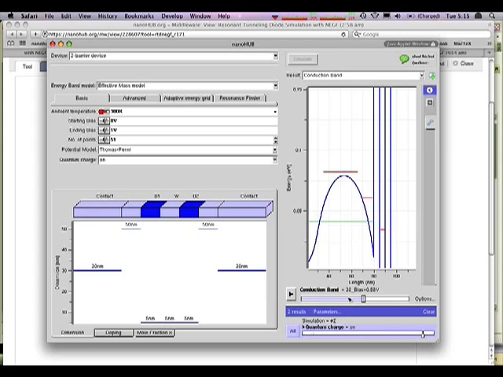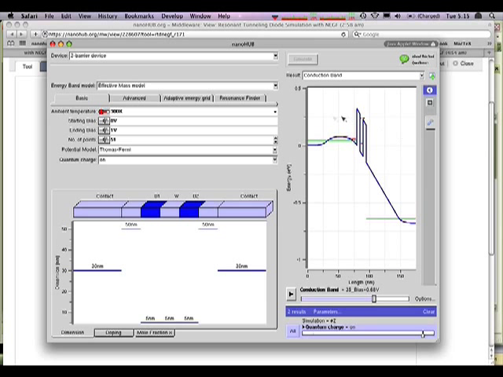Meanwhile, we're starting to pull the central resonance past this resonance in the emitter. Let me zoom out again and zoom in on a different energy scale like this.